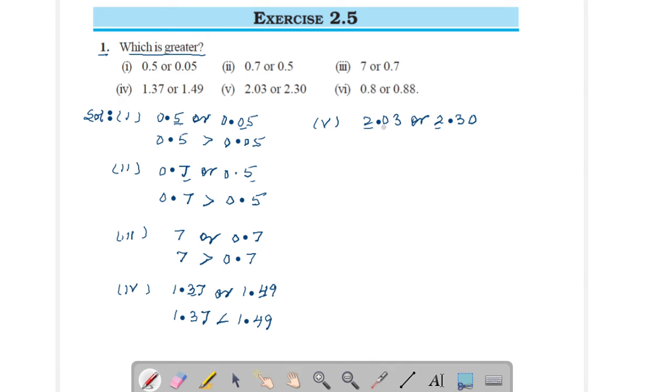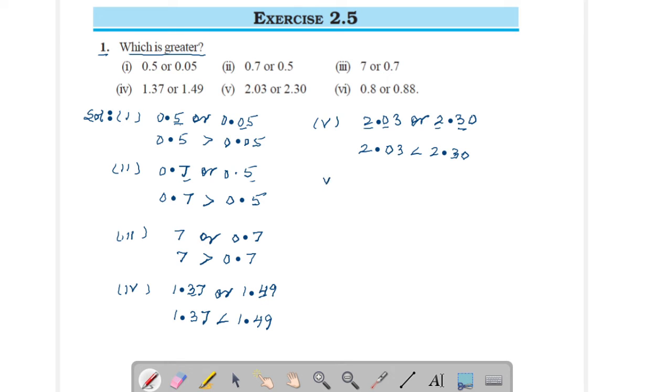After decimal, tenth place, it is 0 and here it is 3. Here 3 is greater than 0. So we can say that 3 is greater than 0, or we can write it as 2.03 is less than 2.30, or 2.30 is greater than 2.03. You can write this also.